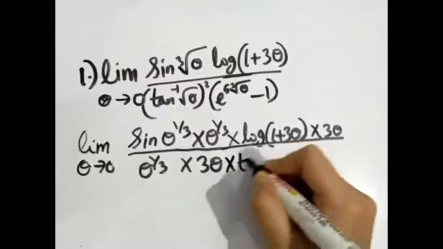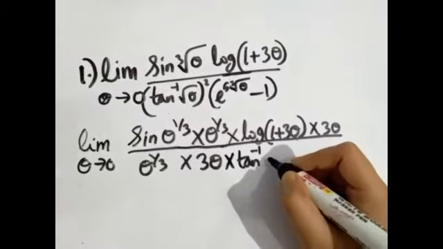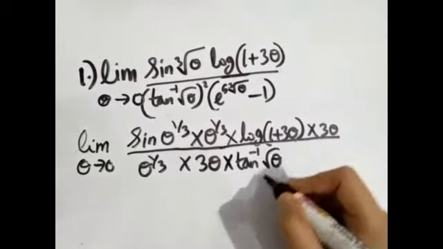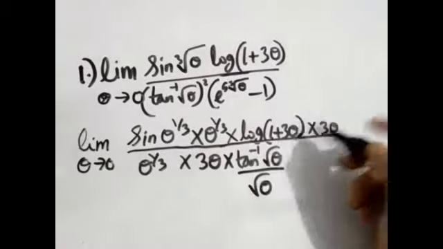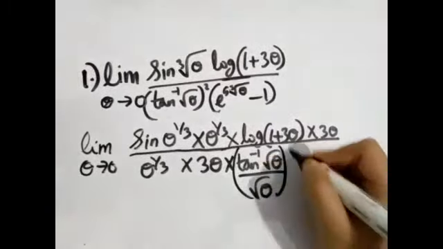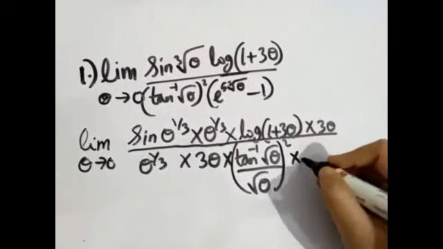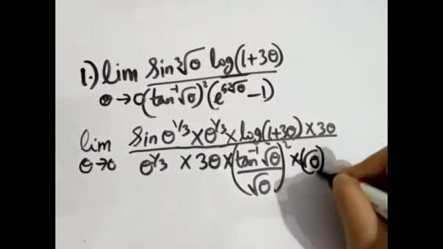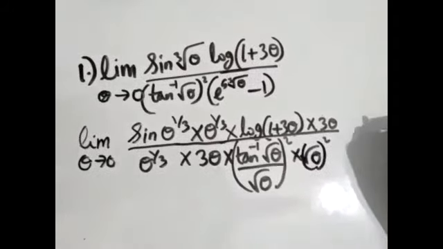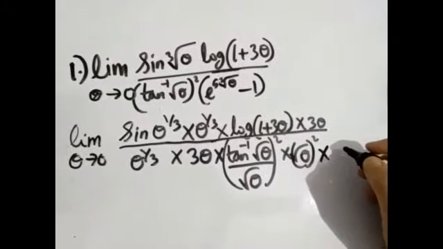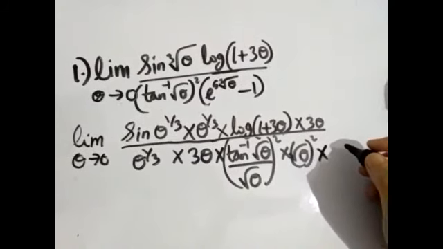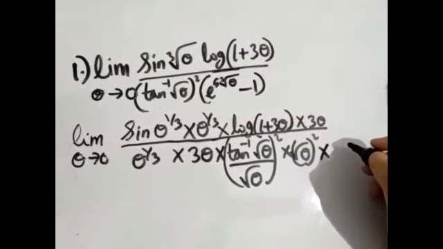So I have tan inverse root theta divided by root theta, and I'm squaring it. Then root theta I am squaring, multiplying and dividing it by root theta whole square. Then I have e raised to 5 cube root of theta minus 1.